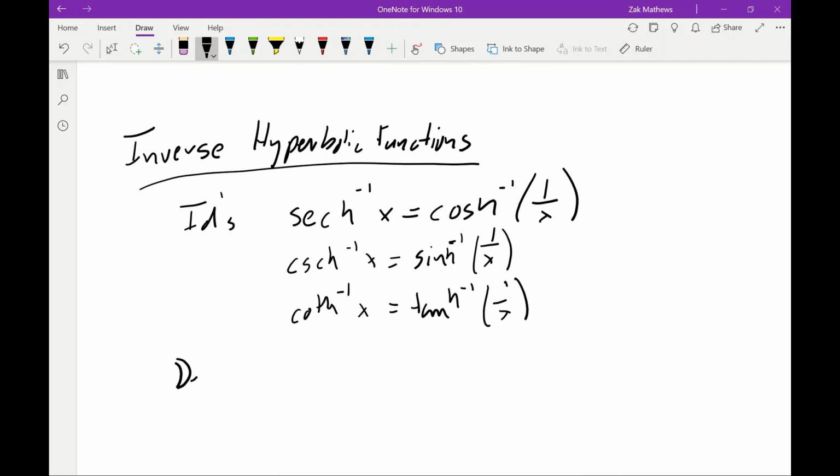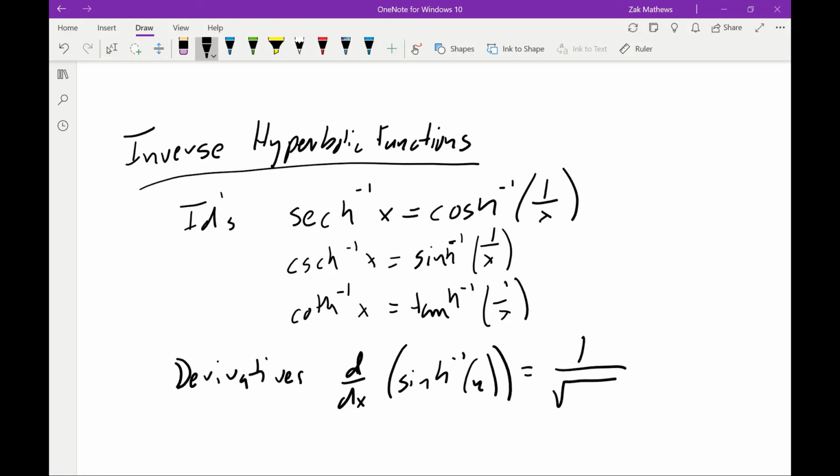If we think about their derivatives, let's think about the derivative of the inverse sinh function. Let me call it a u so we can apply our chain rule if necessary. Well, that would be equal to 1 over square root of 1 plus u squared du dx. That should look pretty familiar.